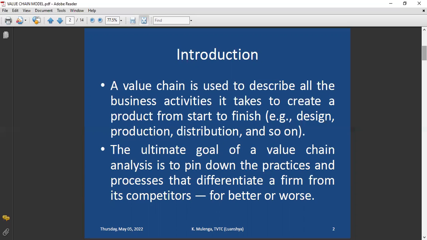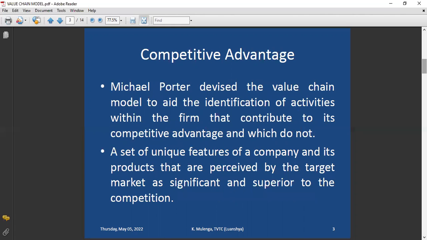The ultimate goal of a value chain analysis is to pin down the practices and processes that differentiate a firm from its competitors, for better or for worse. So the aim, like we have said in the preamble, is to identify areas or activities within our firm that we can use as competitive advantage, or that can be seen as strengths or weaknesses.